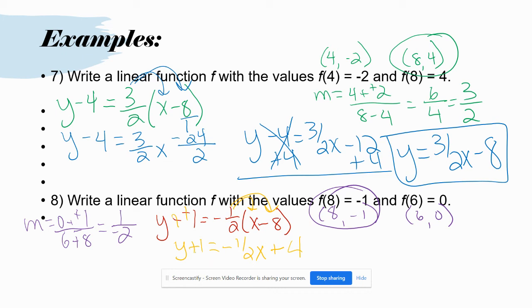I would finish this by moving the 1. The opposite of adding 1 is subtracting 1 from both sides. Those 1s add to 0, so we have y is equal to negative 1/2 x plus 3. You try. Going to have you try 9, 10, and 11.